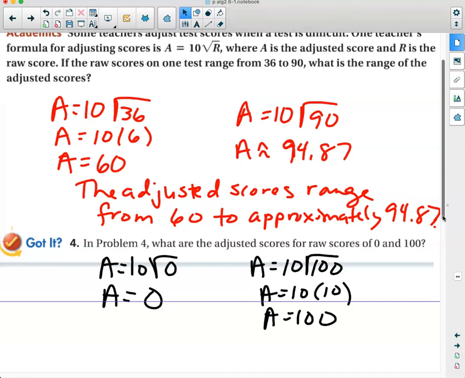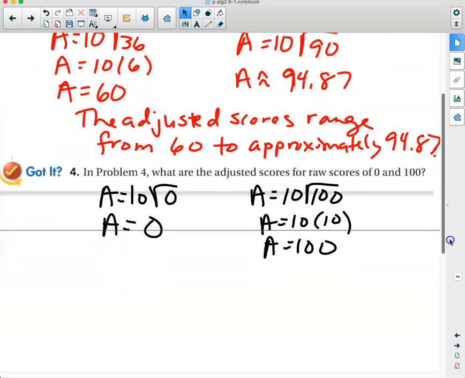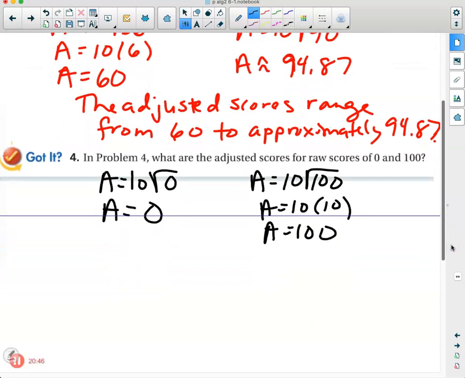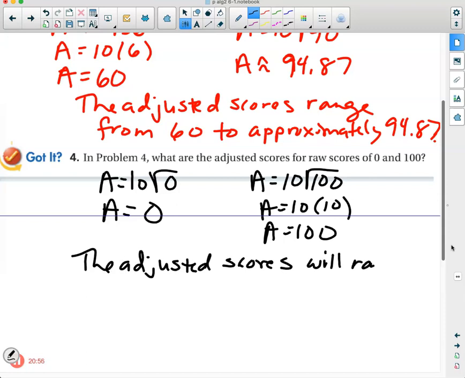So if you have a score of 0, somebody didn't even take the test, and if you have a perfect paper, well, then the range of scores stays from 0 to 100. So we had best say that. The adjusted scores will range from 0 to 100.